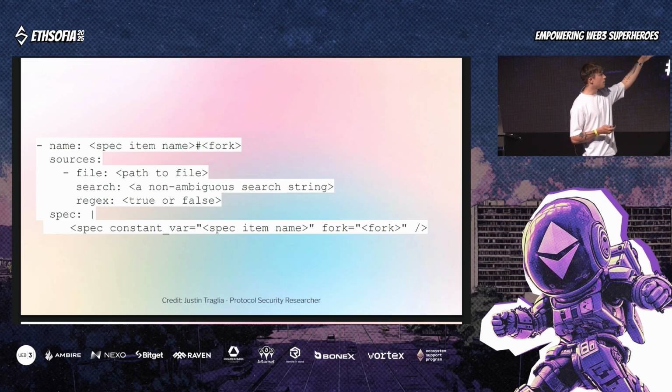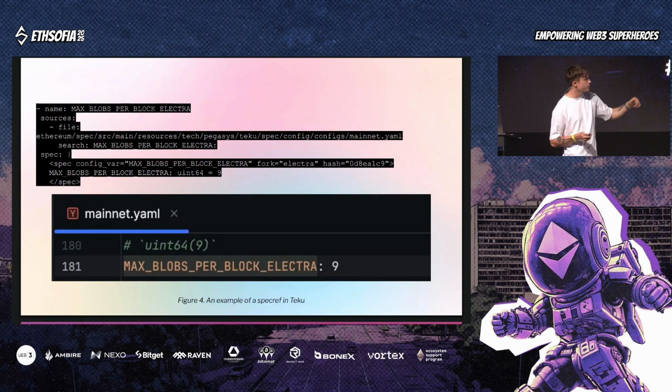This is the template that we use for naming a specification and then adding the source, so where it is in the file, the function lines, etc., as well as a regex or a search method to be able to find it easily. So you can just Control-Shift-F and find it across your project. And then the spec below is the function name and the fork.